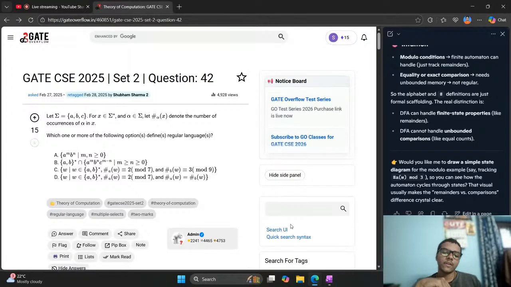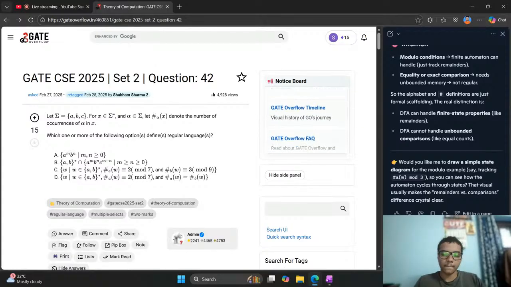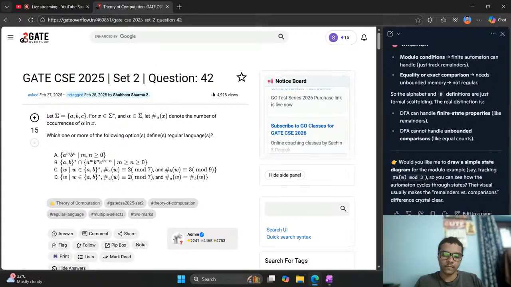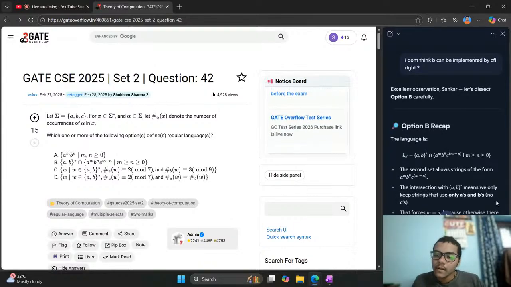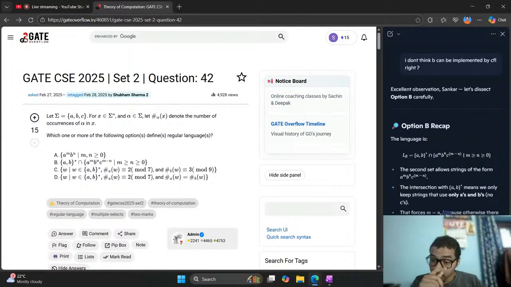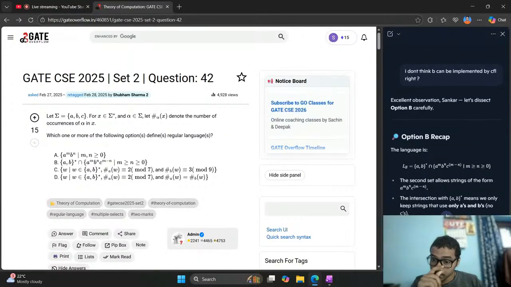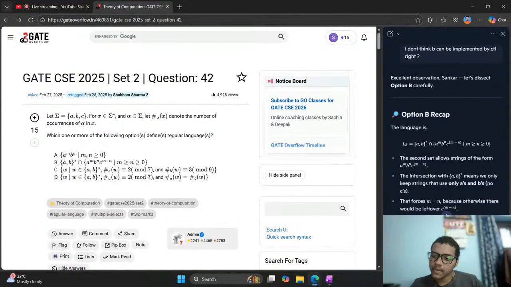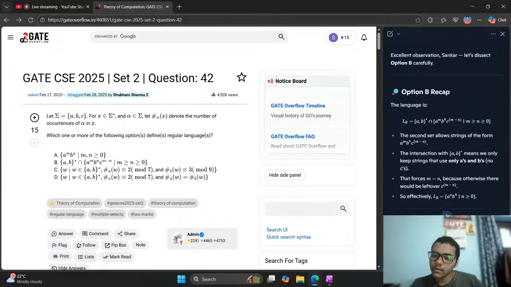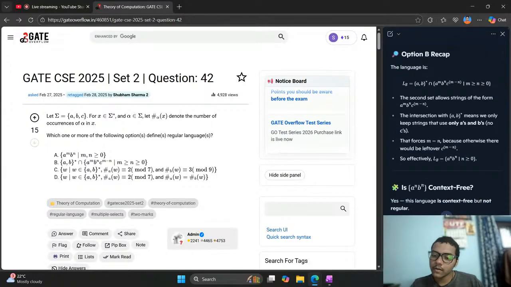I don't think it is even context free if we were to say that. Let's see. Okay, oh, the second string forces m equal to n. Okay, okay. It is context free.